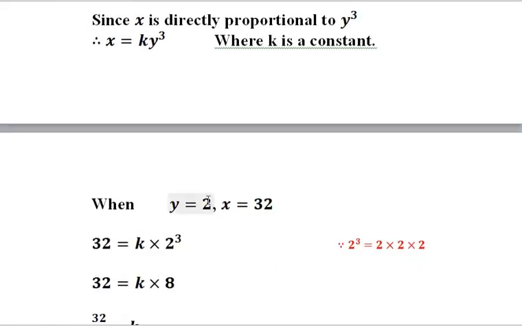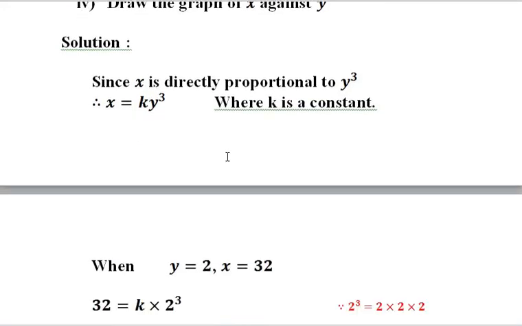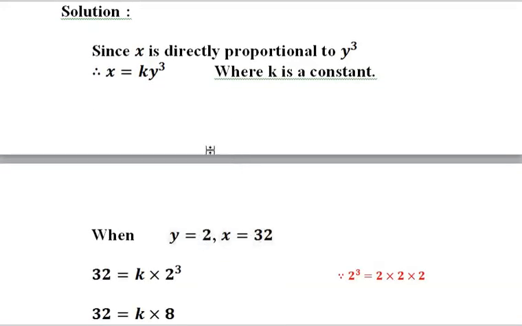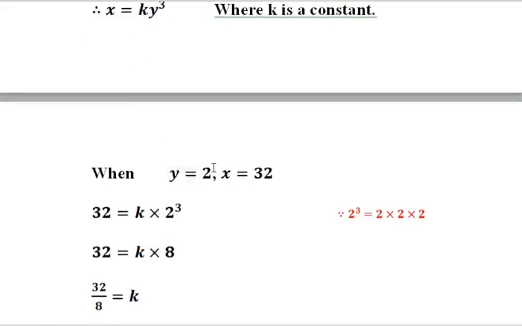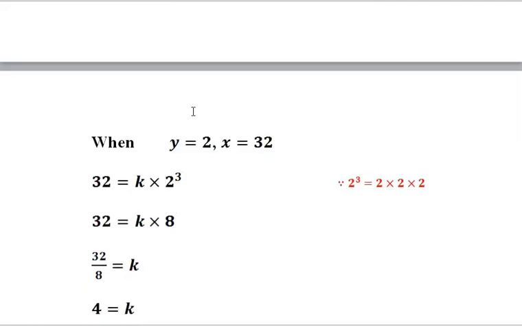So now, when y equals 2 and x equals 32, as given in the statement of the question, with the help of x and y, we can find the value for this constant k. So I will substitute x equals 32 and y equals 2 in this equation. So this equation becomes 32 equals k multiplied by 2 raised to the power 3, because we have y raised to the power 3.